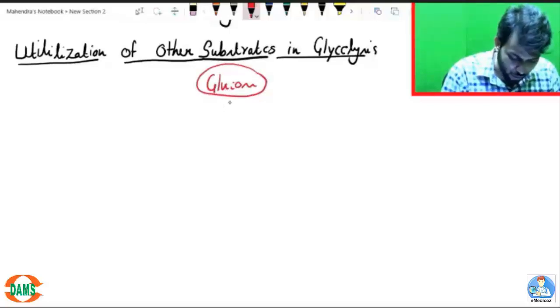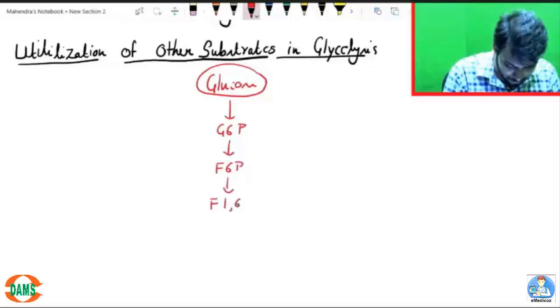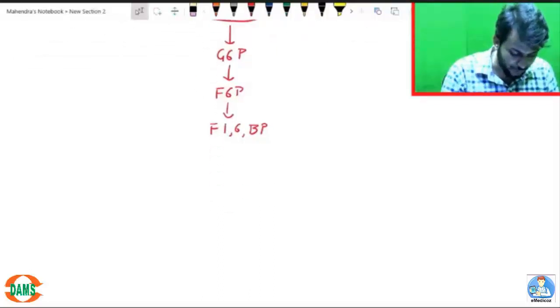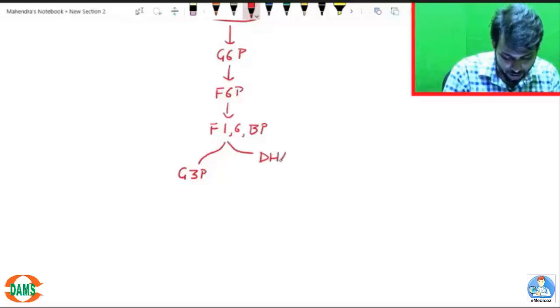which is converted into glucose 6-phosphate, then fructose 6-phosphate, then fructose 1,6-bisphosphate, which is split into either glyceraldehyde 3-phosphate or DHAP, dihydroxyacetone phosphate.